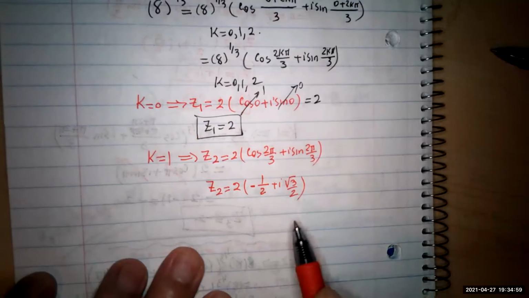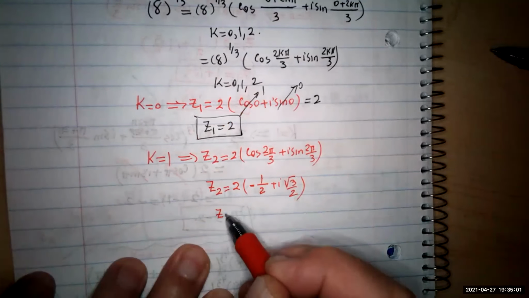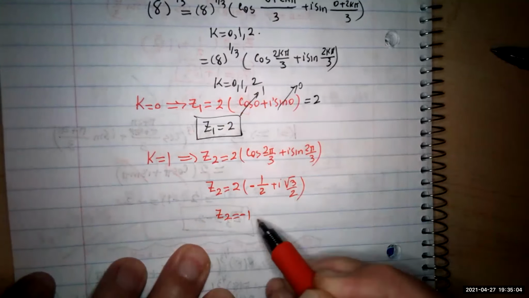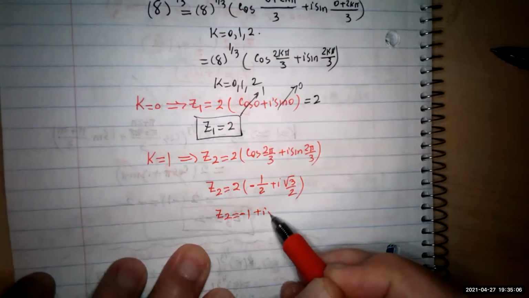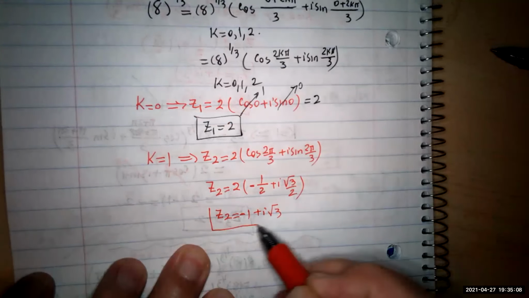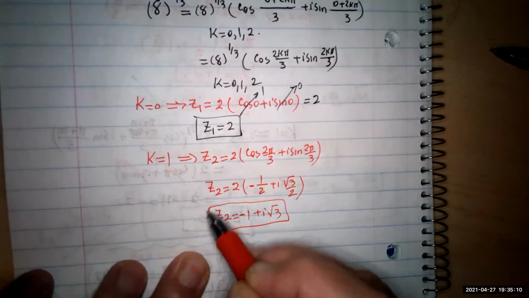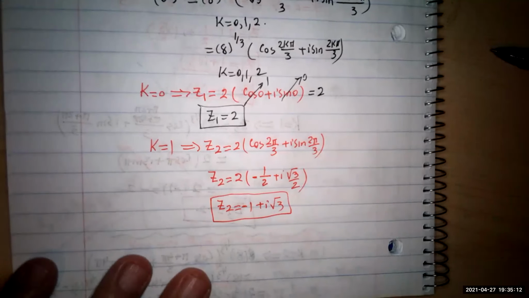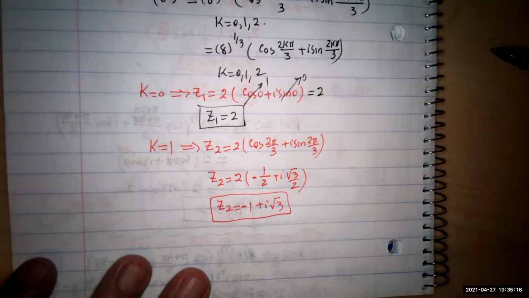We multiply the 2 inside, so z2 is going to be negative 1 plus i radical 3. This is the second solution. Any question? Now we can find the third one right away. What's the third one?